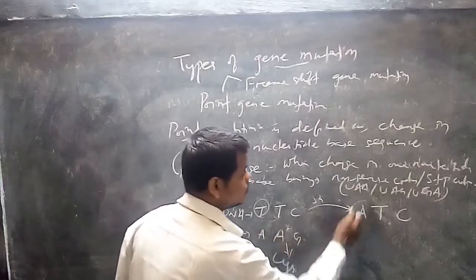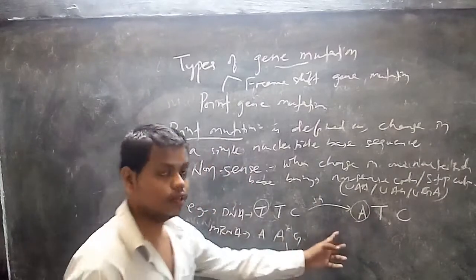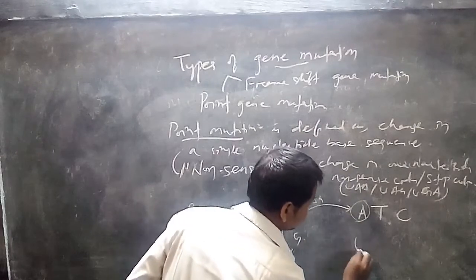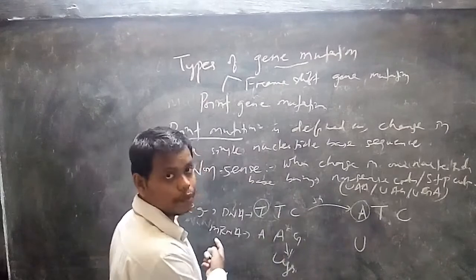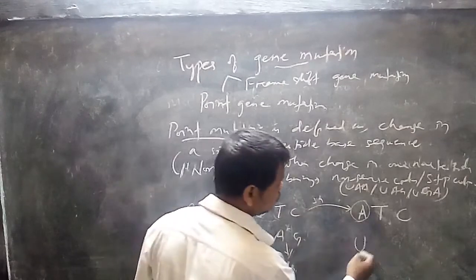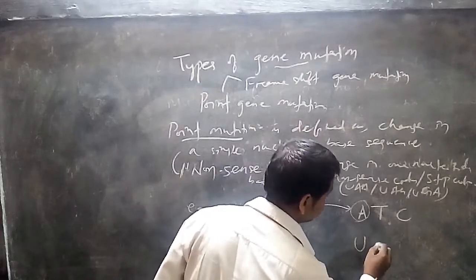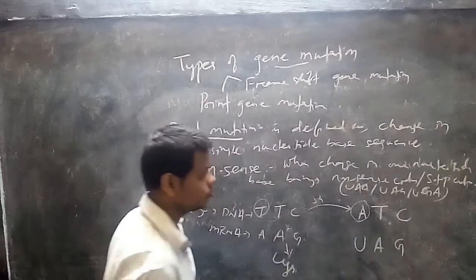In place of thymine, adenine is added. Then when mRNA is synthesized in the transcription process, from A, uracil is paired, because in mRNA in place of thymine, uracil is present. The opposite of A is uracil, the opposite of T is A, the opposite of C is G, so U, A, G.